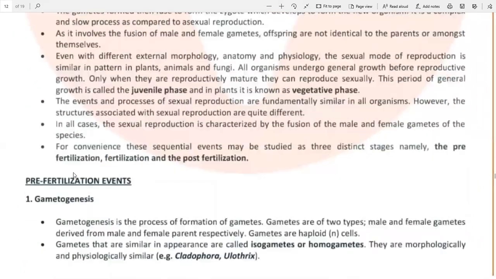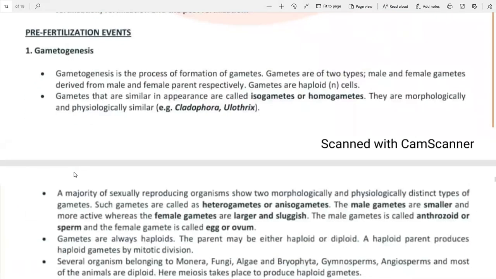Then sexual reproduction, pre-fertilization events, gametogenesis. We have to remember that gametes are of two types, male and female gametes, and gametes are haploid, that is n, not 2n. If the gametes are the same, like this, if I make these two the same, we can call it isogamete.